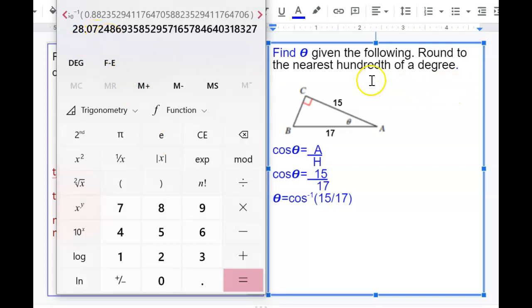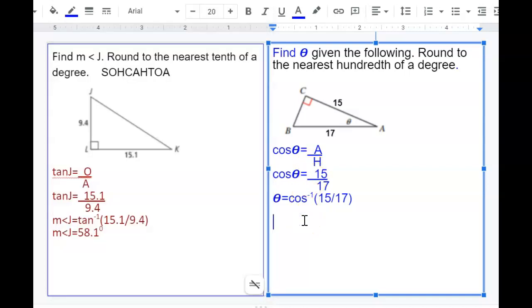We are to round to the nearest hundredth. The hundredth position, you have 7 there. The next digit is a 2, so we leave it as 28.07. And so theta would be 28.07 degrees.